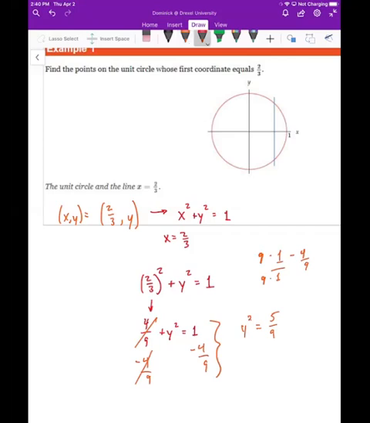Now to get y, I'll square root both sides, and we get that y is equal to plus or minus square root of 5 over square root of 9. We can simplify that to plus or minus square root of 5 over 3.